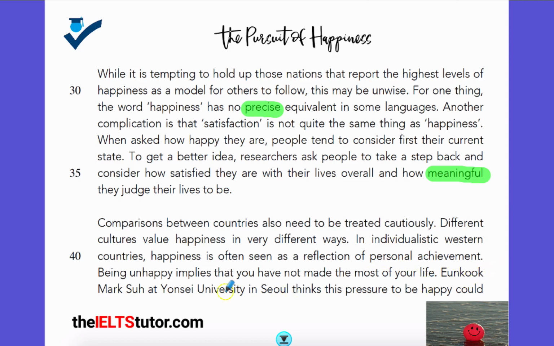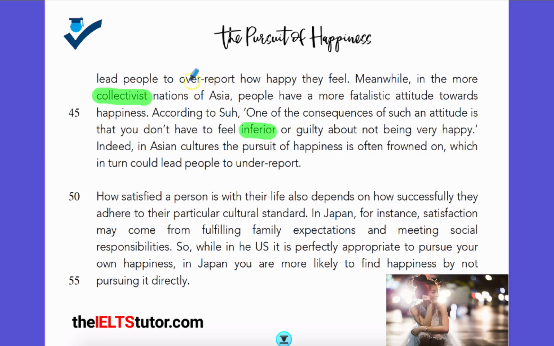"Yun Cook Maxo at Yonsei University in Seoul thinks this pressure to be happy could lead people to over-report how happy they feel," and then we have something here, "which in turn could lead people to under-report." Now, what do you think the meanings could be? We've got a combination of over and under being used.